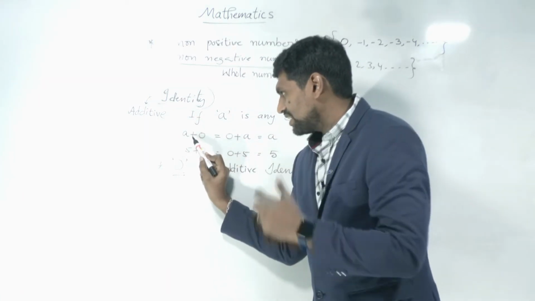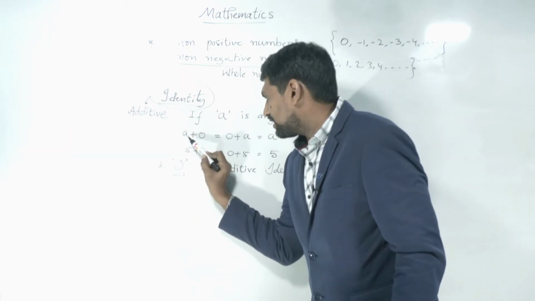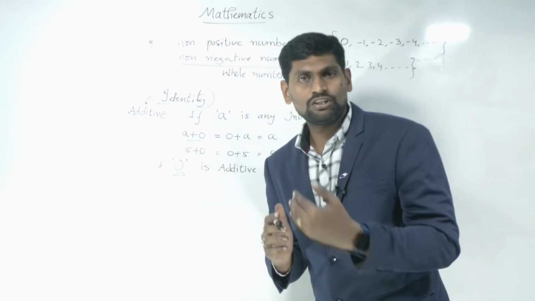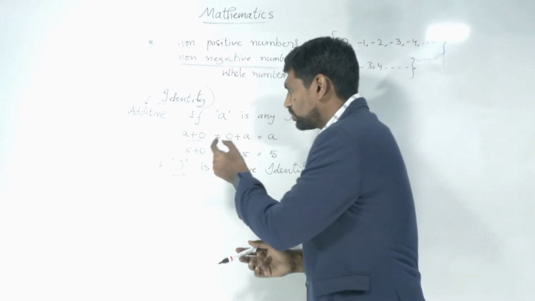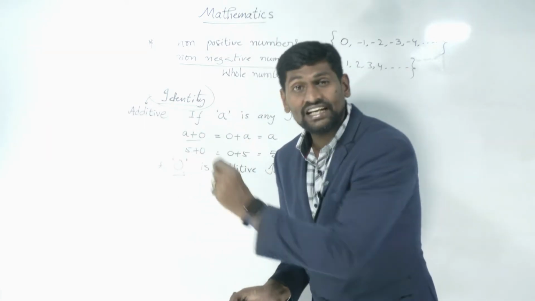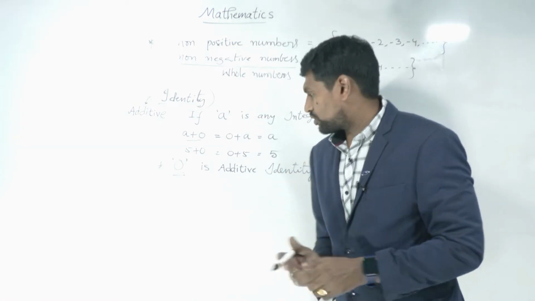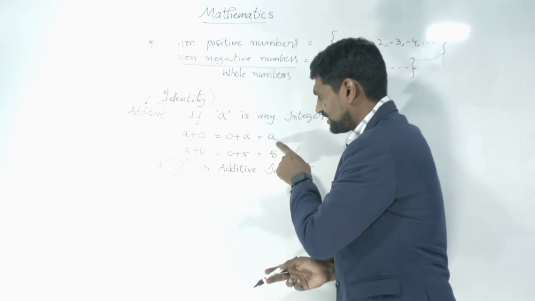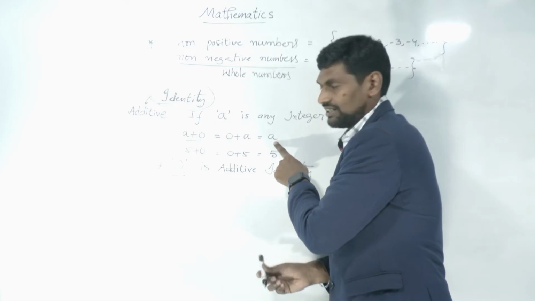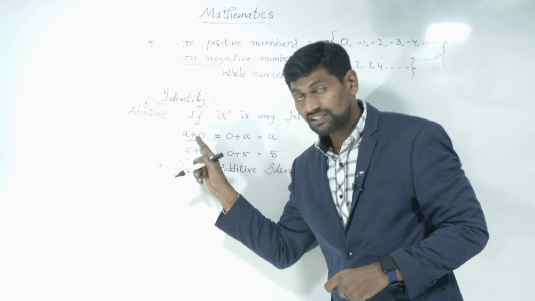See, without 0, if you add 1, 2, 3, 4, any number, when you add both of them, the value will change, right? Only if you add 0, A does not lose its identity. A does not lose its identity. For A to come as A, 0 is helping under addition.